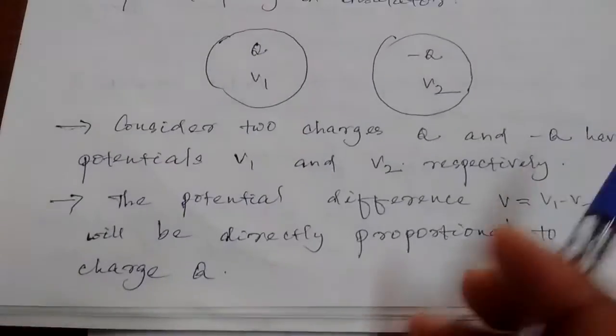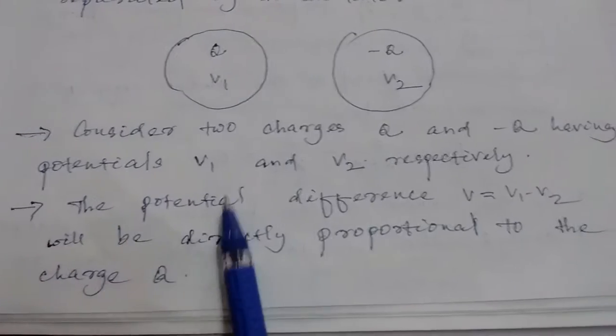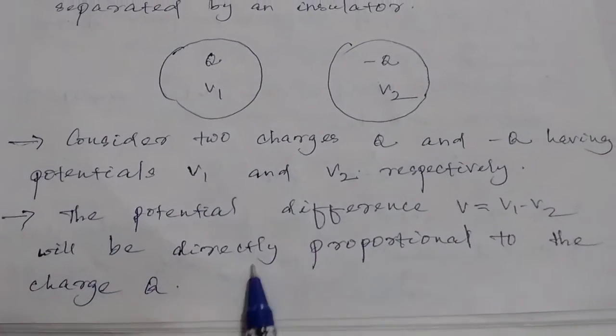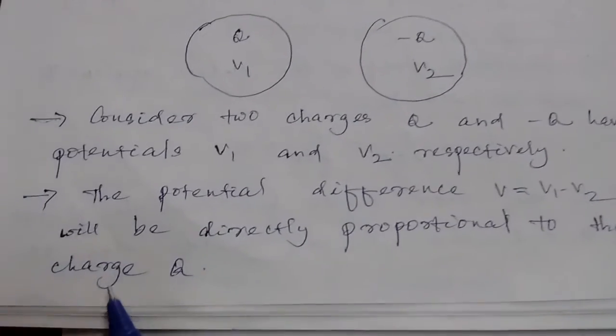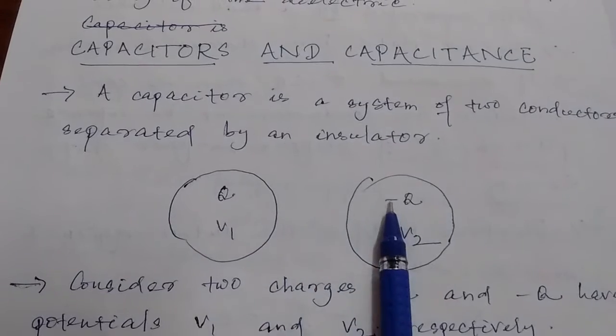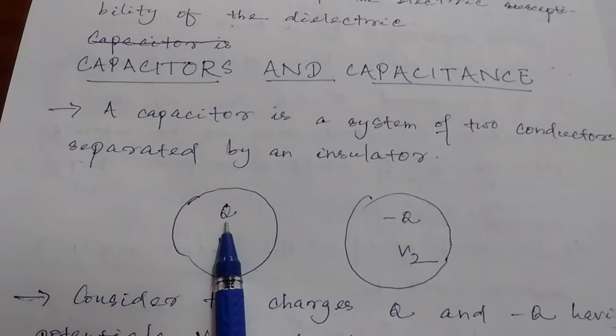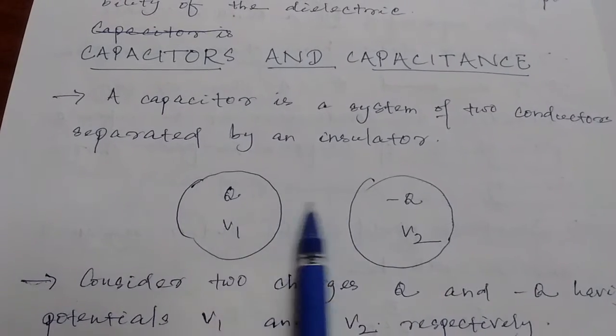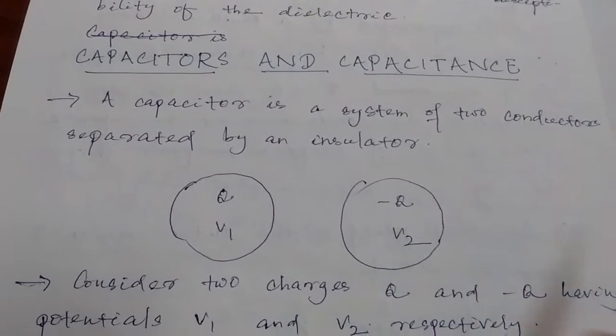We can write it, the potential difference V is equal to V1 minus V2 will be directly proportional to the charge Q. You can see, the more the magnitude of Q, the more will be the difference in potential between the substances.